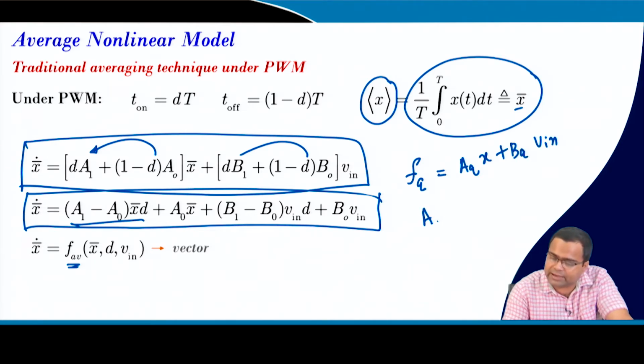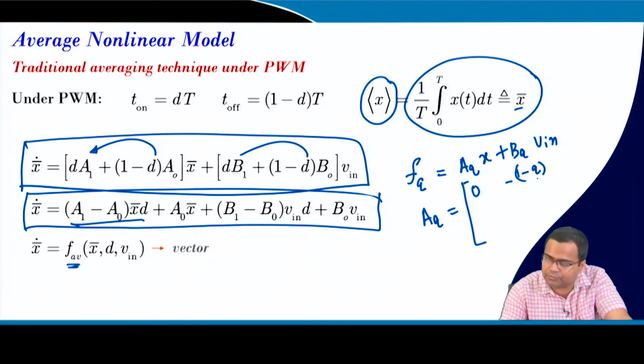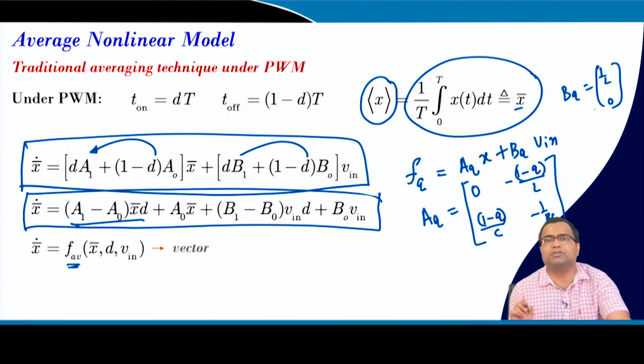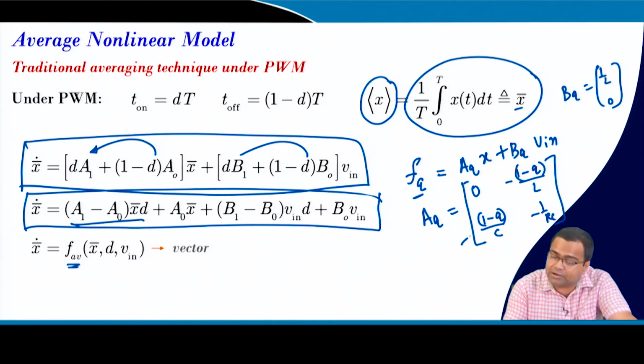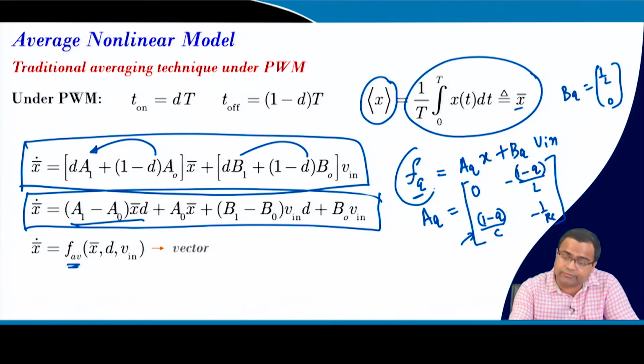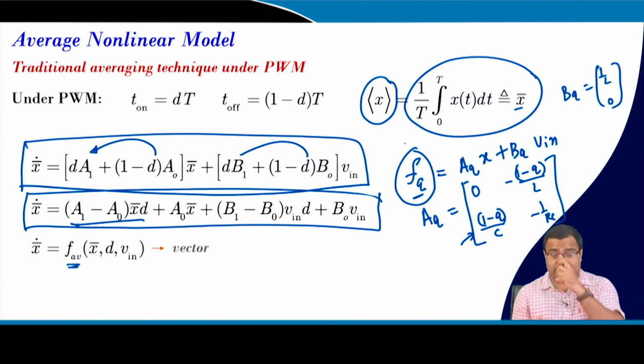And what was A(q) for an ideal boost converter? 0, minus (1 minus q) by L, (1 minus q) by C, minus 1 by RC. And what was B(q)? It was nothing but 1 by L, 0. So, there is no dependency on q. So, this f(q) is a function of q and it is a discontinuous function. So, this is also a vector, but it is a discontinuous vector.